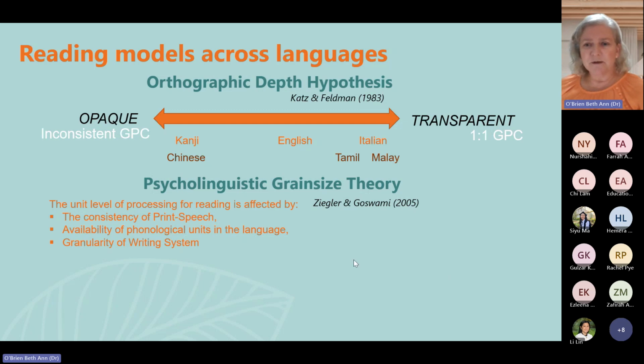So in other words, if there's a language that's very consistent, then it's easy enough for the reader to focus on letter by letter or phoneme by phoneme decoding. But if it's less consistent, and the phonological units are not as available in the language, then this drives the reader to a higher level of what they refer to as granularity or grain size.